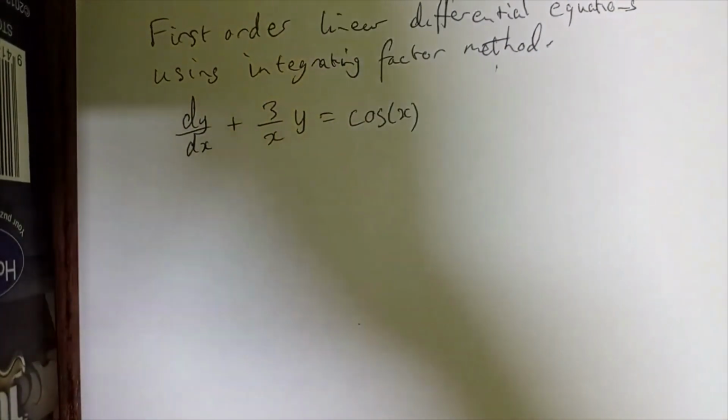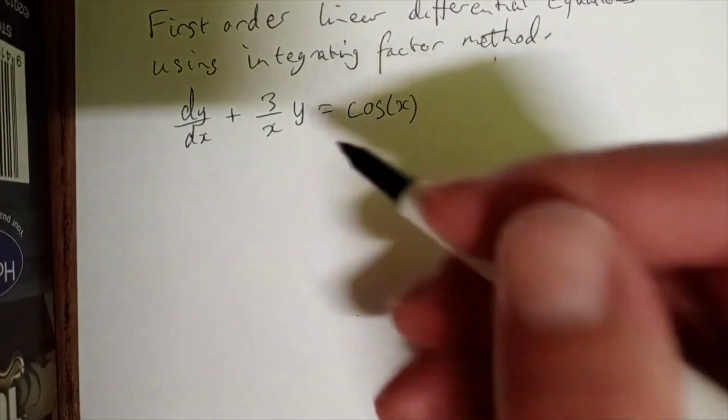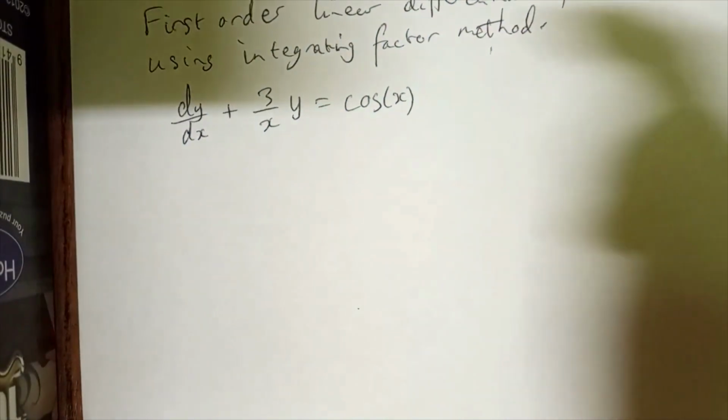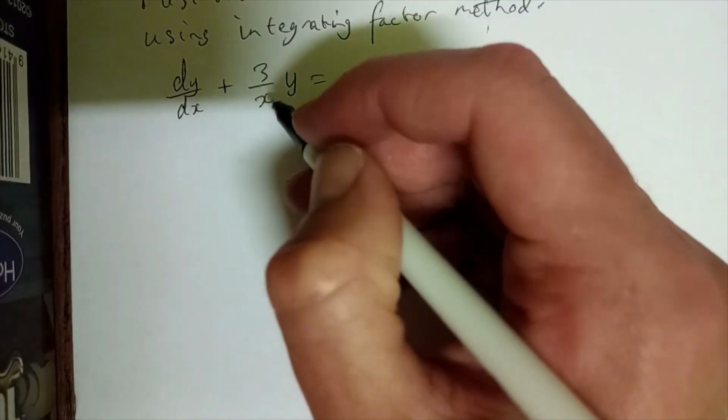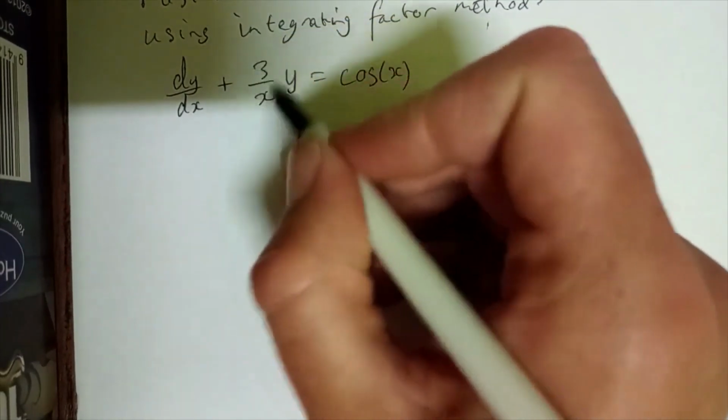The integrating factor method involves finding an integrating factor, which will be some antiderivative of the coefficient of y.